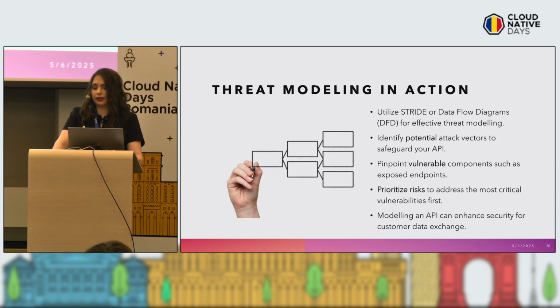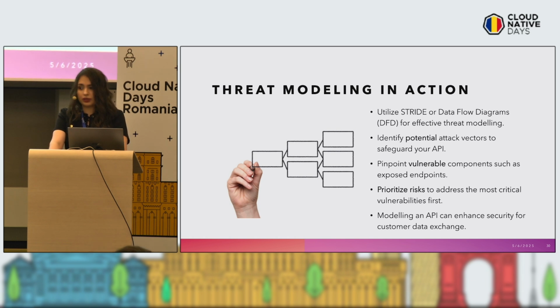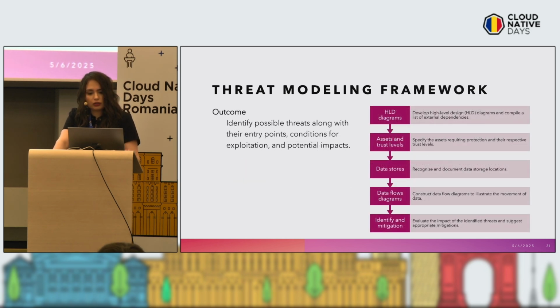And next, I would like to talk about the threat modeling framework. The outcome would be to identify potential attack vectors to safeguard your API. For example, we use a structured framework for threat modeling, which we complete annually for each product.